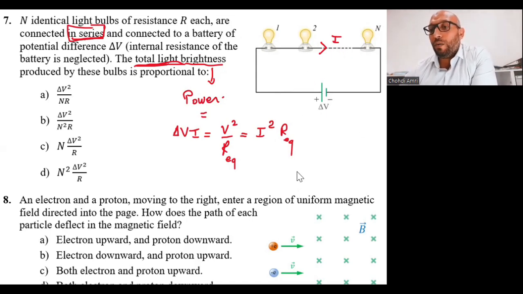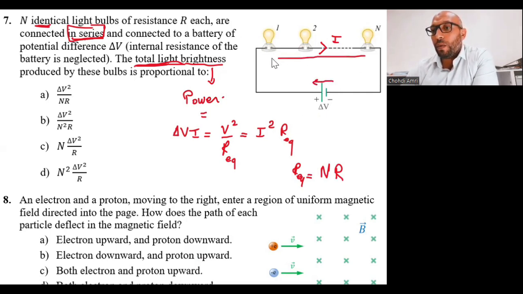At first, what is R equivalent in our case? All of them are connected in series and they are identical light bulbs, so they have identical resistance. It's going to be N multiplied by the resistance of one light bulb. So which equation would we use? All of them, with this delta V, are connected in series and they carry the same current.